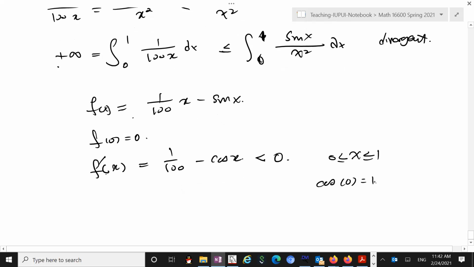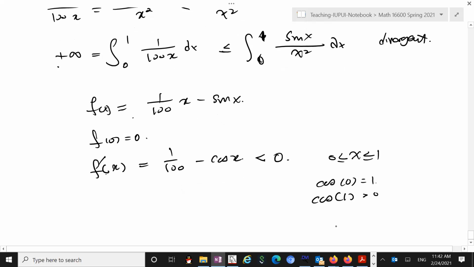Well, it's a little bit different. Cosine 1 is going to be what? It's a pretty large number, okay? Now, if you're not sure, then I change 1 over 100 to cosine 1. Cosine 1 is a positive number.